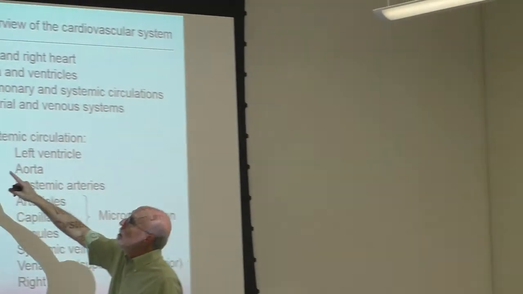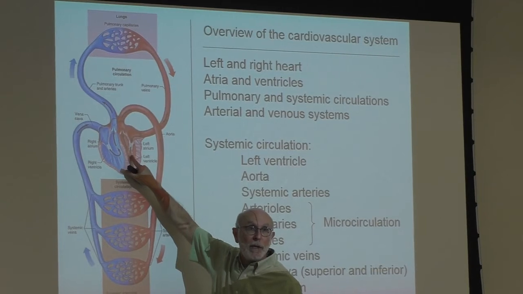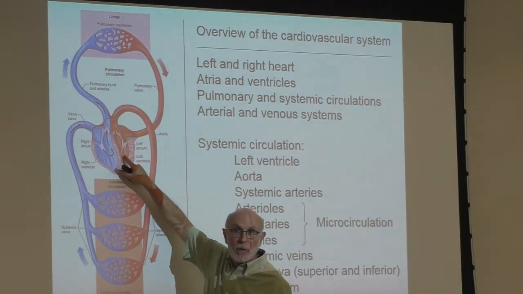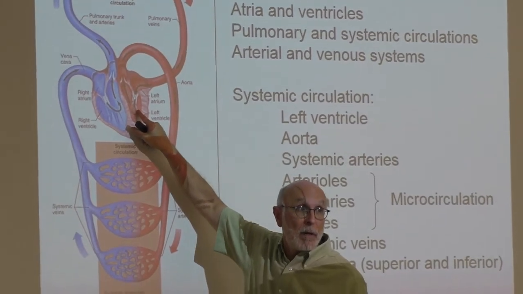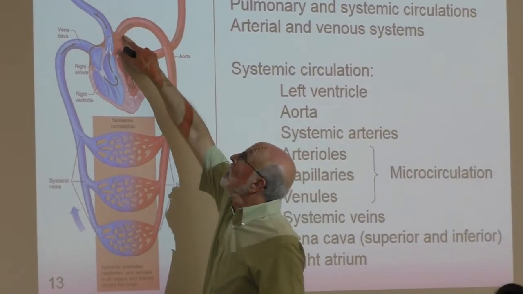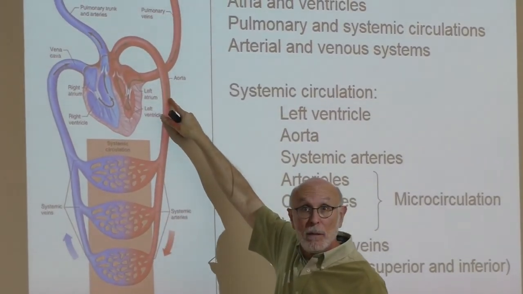So let's walk through the systemic circulation, the left side. Blood is pumped from the left ventricle into the aorta.